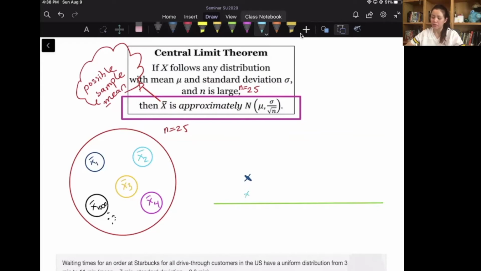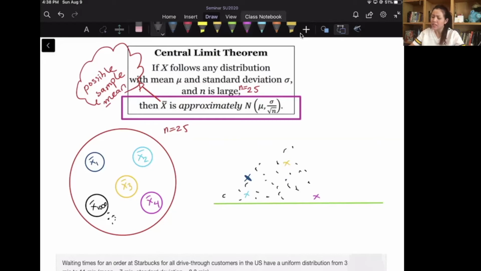The average of sample 3 maybe is here. The average of sample 4 maybe is here. And I'm going to have 1,000 of these dots, 1,000 of these samples, so I'm going to do it 1,000 times on this number line.